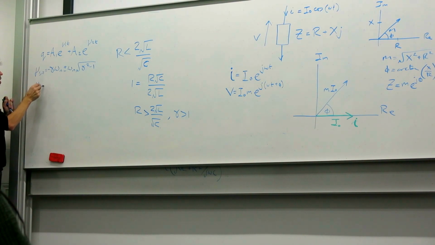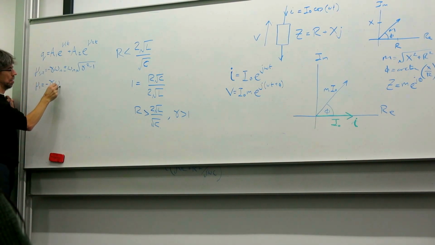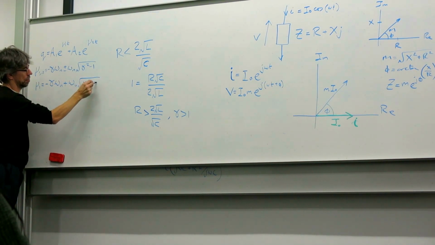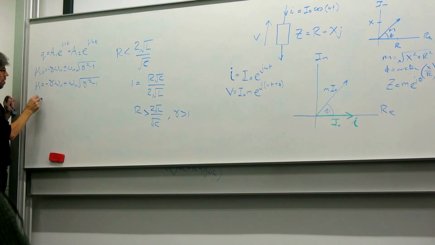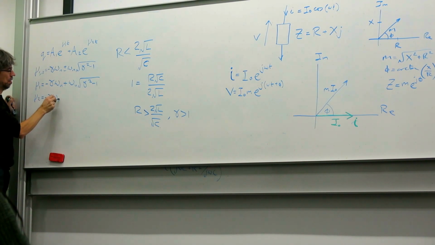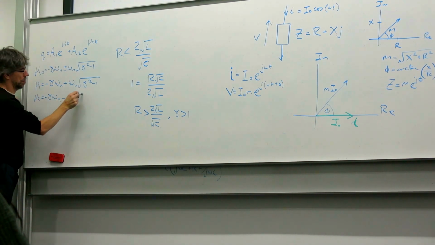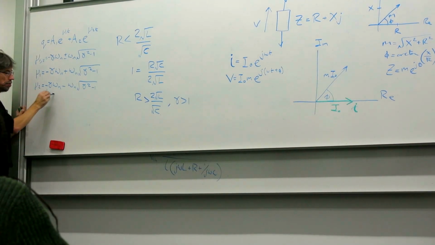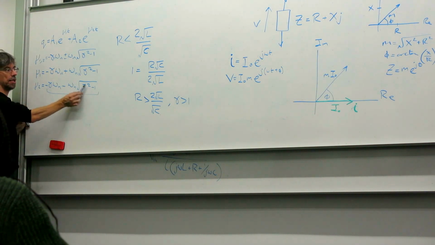Looking at mu1 and mu2, those both have negative signs in front of them, so this must be a negative real number.